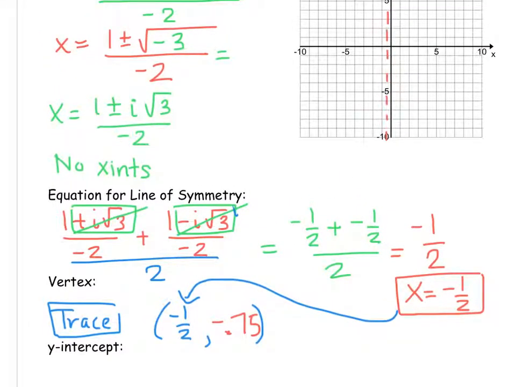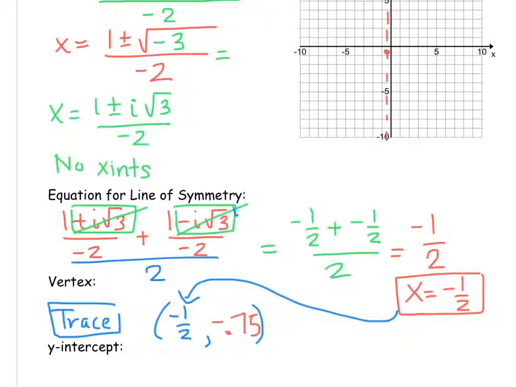So on my graph, I'll have a dot at just a little bit down, about right there, negative 0.75.